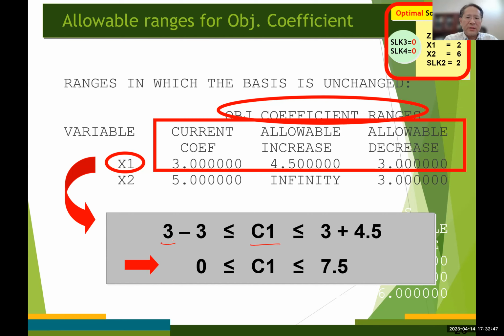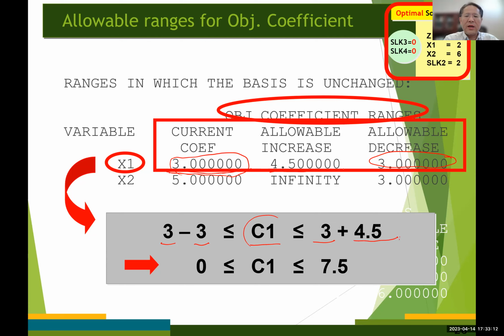That's the current coefficient value, which is 3, right? Minus 3. That is the allowable decrease amount, okay? But the C1 must be less than or equal to 3, again from the current value, plus 4.5.